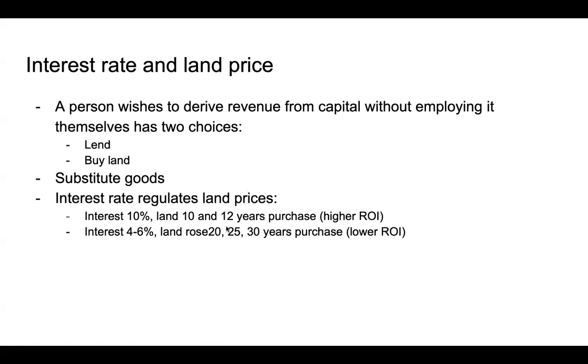People with spare money don't have very good alternatives to land, so those who sell land can offer a lower return on investment and still be able to sell it.